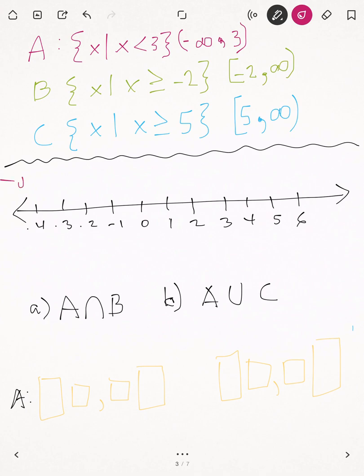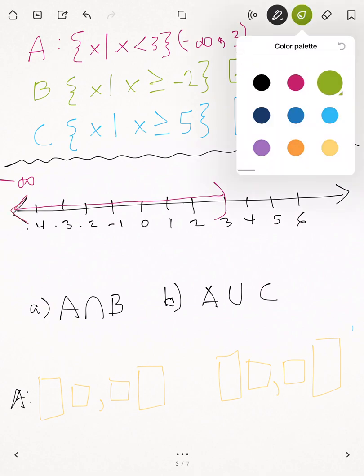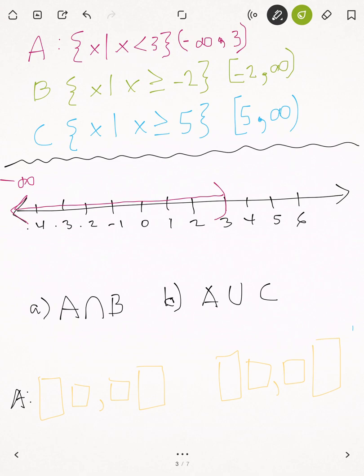Well, -infinity is over here, and 3 is here. So I'll put a round bracket on 3, and I'll draw right on top of the line, all the way to -infinity.